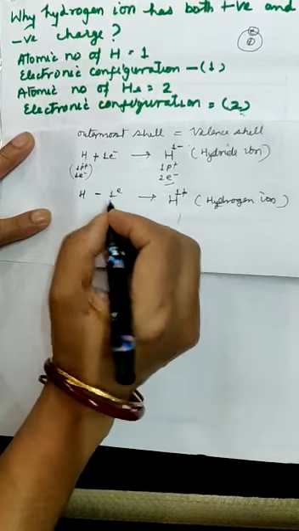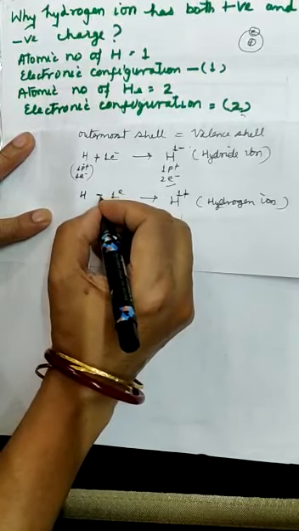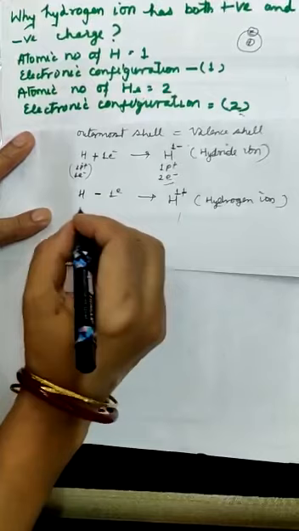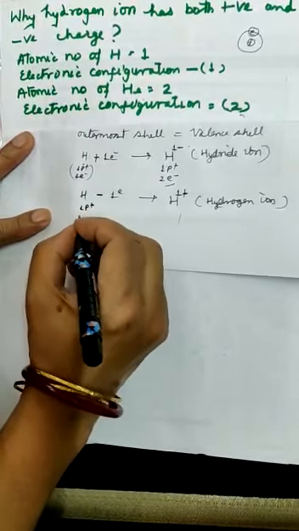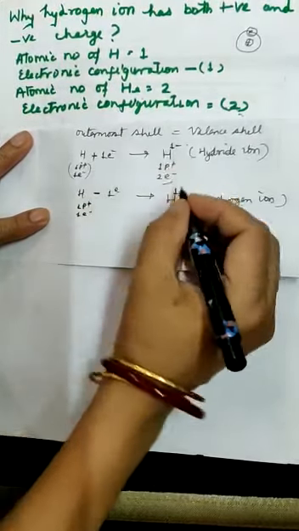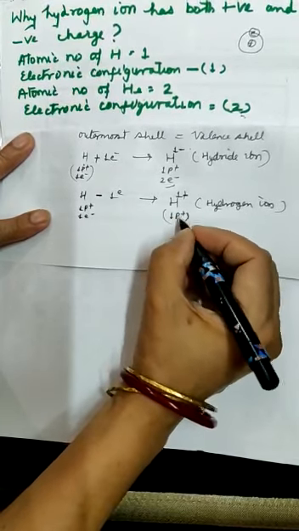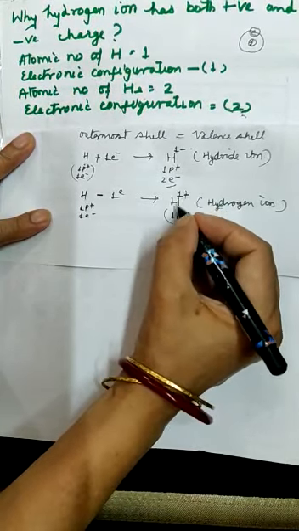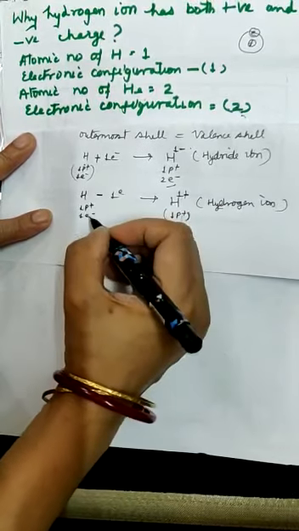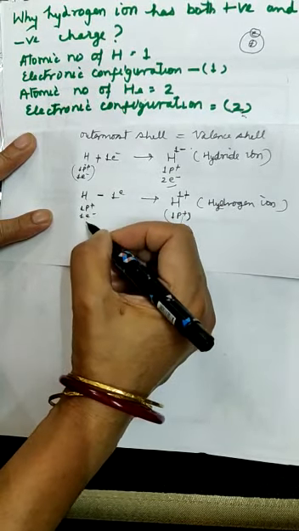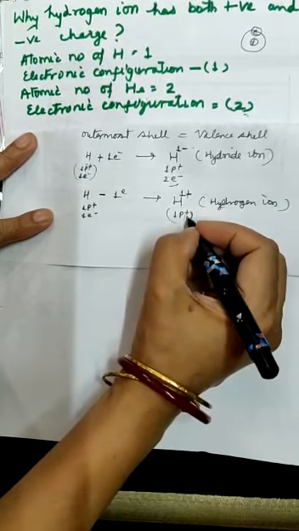So when it gives an electron, what happens? It had 1 proton and 1 electron, but after giving the electron, it has only 1 proton and nothing else. So the charge of 1 proton comes on the atom. It is no more neutral, having the same number of protons and electrons.